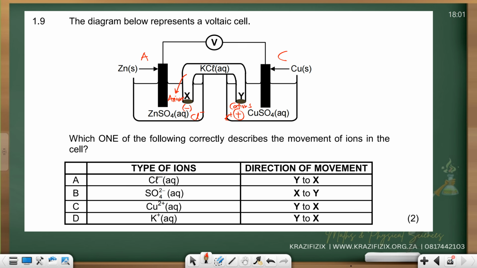Where is Cl moving from? Definitely, look. This is out, this is out. We know that Cl must go to X. Don't let all this Y to X confuse you. The destination is what matters. So where should Cl go to?